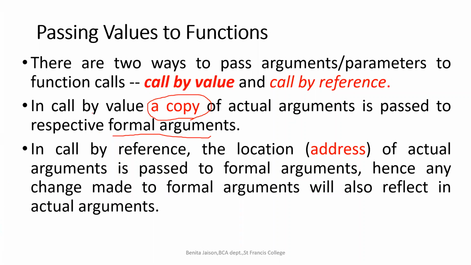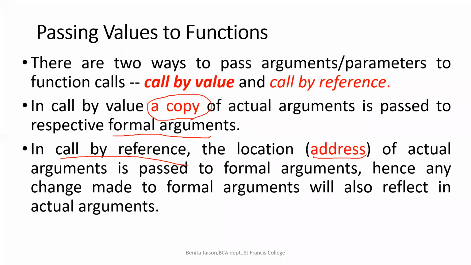But in call by reference, how do we pass the address of a variable? I have told you that when we use scanf, we use the ampersand symbol. Ampersand indicates the address of the variable. So when we accept something through the scanf function, the value will be stored directly at the address of the variable, right?